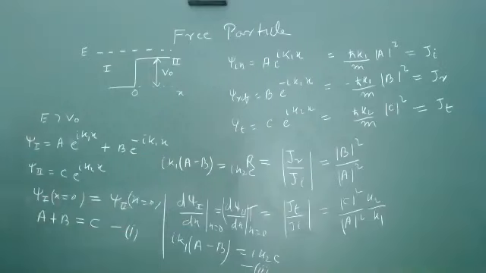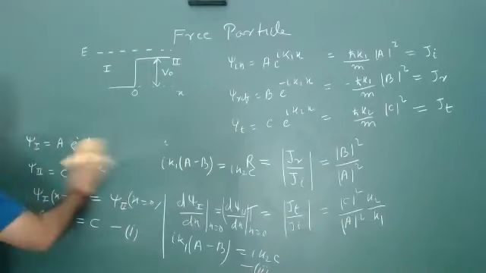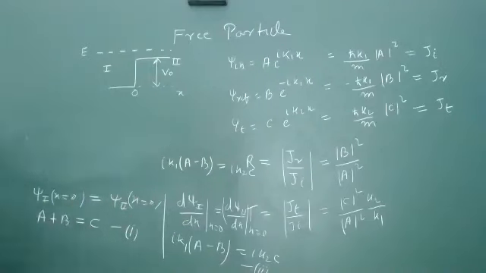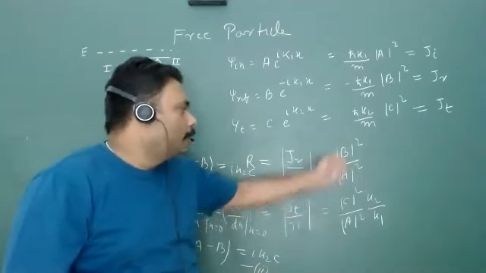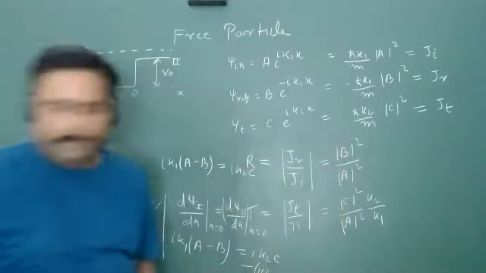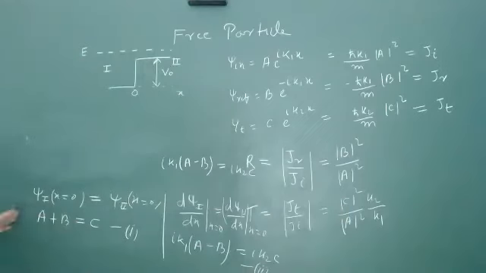Now what I have to do is solve these two equations. Solving these two equations means we have to find the ratio b upon a and the ratio c upon a. So how will we solve it?